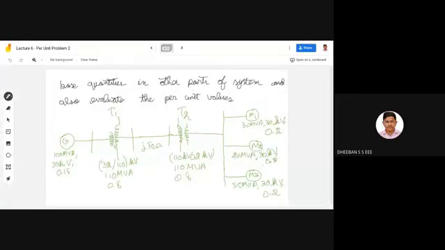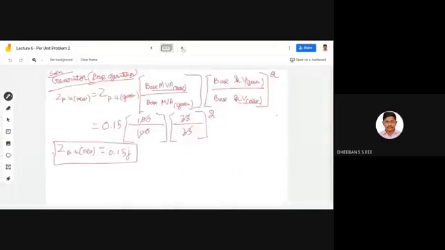The base MVA given and base MVA new will be the same, since common base quantities are involved. And we have found the per unit impedance value for the generator to be 0.15 j.